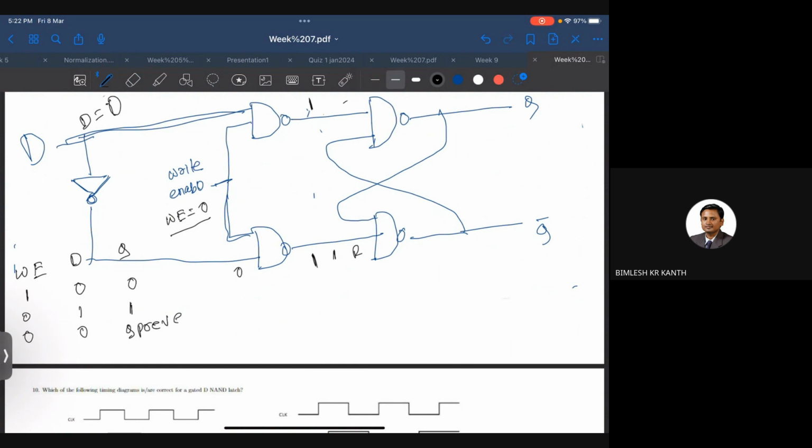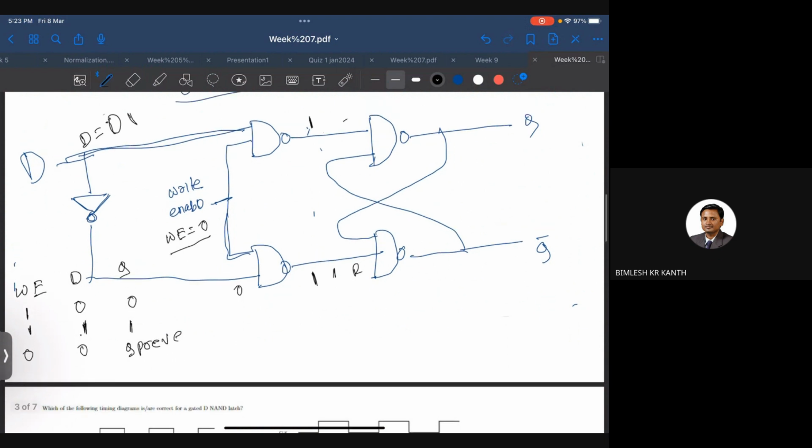Okay, I think that will be, sorry, this is opposite, I think 1 0. WE equal to 1 and D equal to 1. Sorry, we will discuss it once more. That will be good.